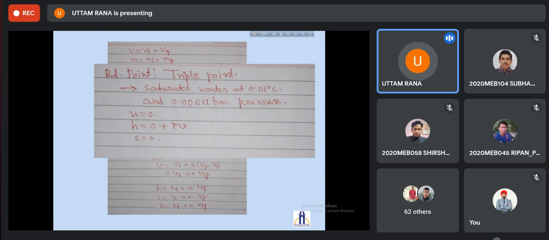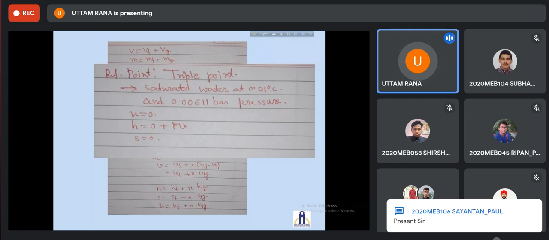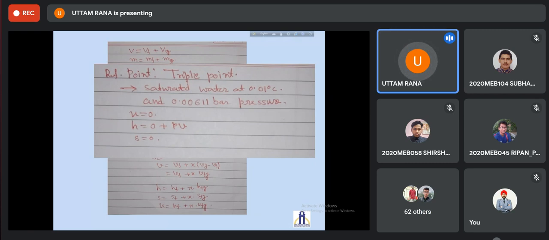If you look into the steam table, you'll find that at the triple point, the internal energy value is 0, the entropy value is 0, and the H value is very small. Some books, if you take only 2 decimal places, will write it as 0.00. That means if you go for more decimal places, you will get some non-zero values. So this is the basis by which the steam values are tabulated in the steam table. And these tables will be used very frequently. We discussed this in the last class.